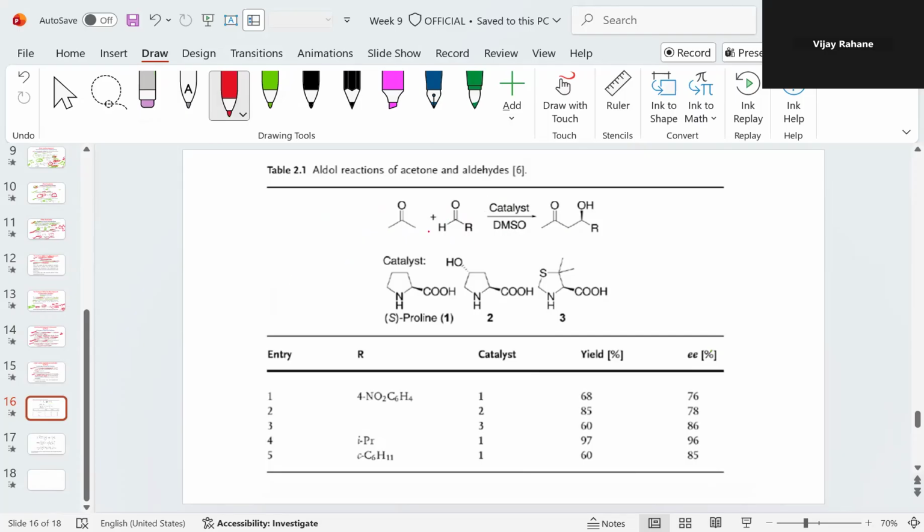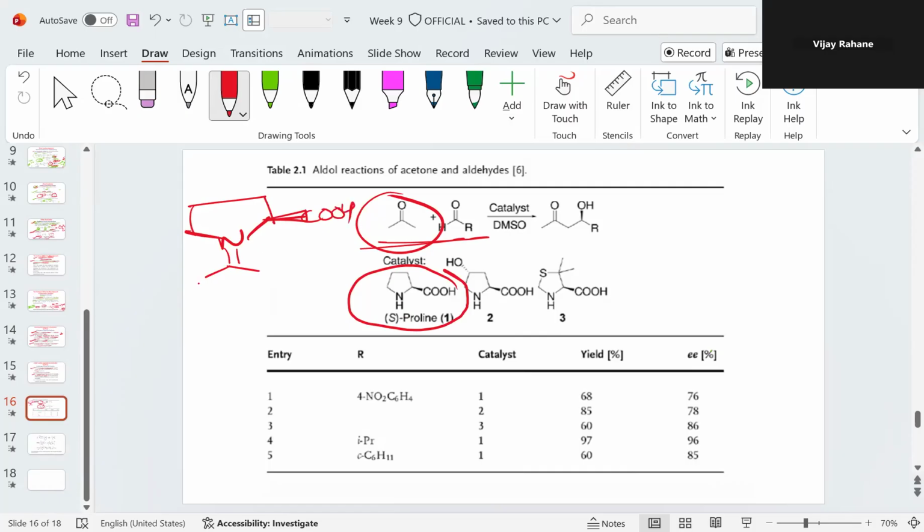So what happened here? When we treat this compound with, let's take the example of proline, what happens? When you react this proline and the ketone, initially it will form an imine, right? So this is the CH3 and CH3 imine, and in place of the base, obviously it will form the enolate.